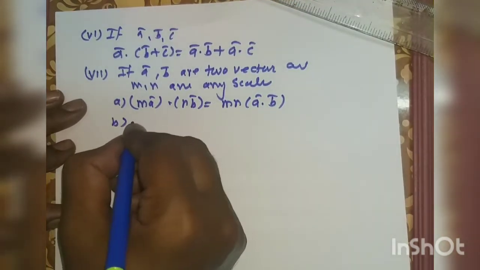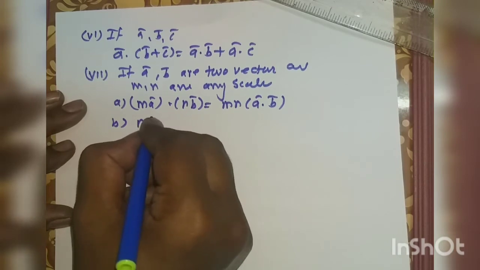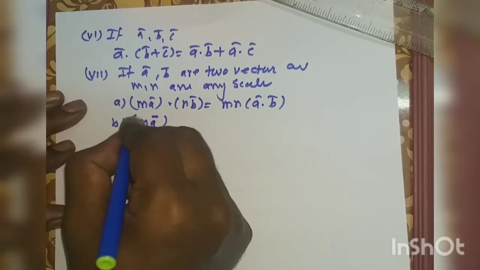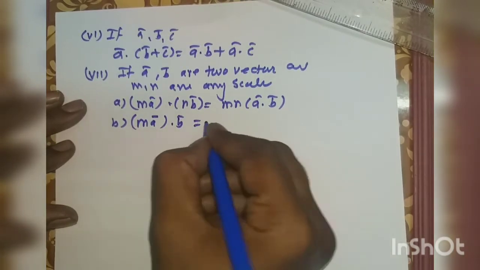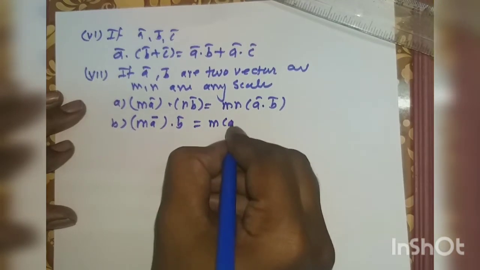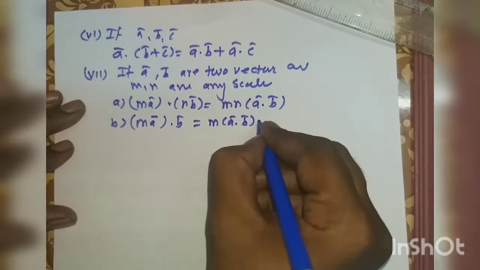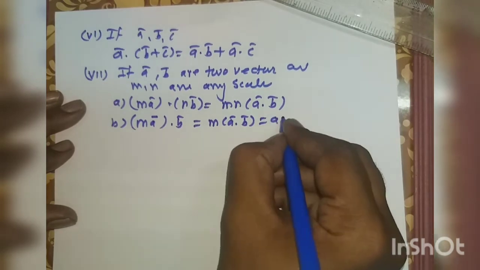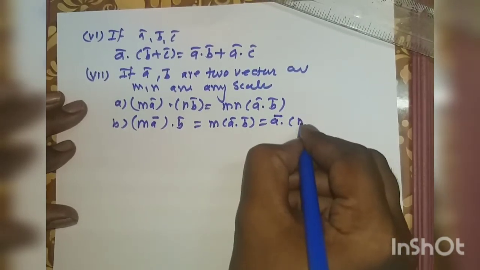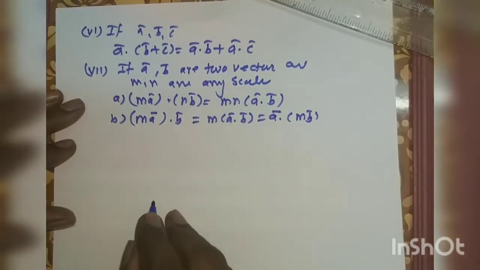Second possibility, (m a bar) dot b bar is equal to m (a bar dot b bar), or is equal to a bar dot (m b bar).